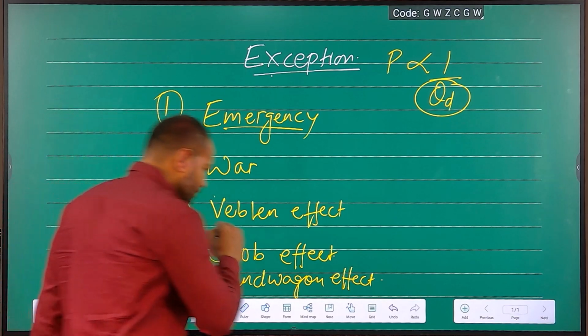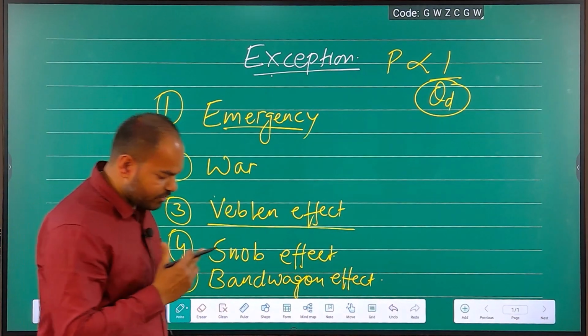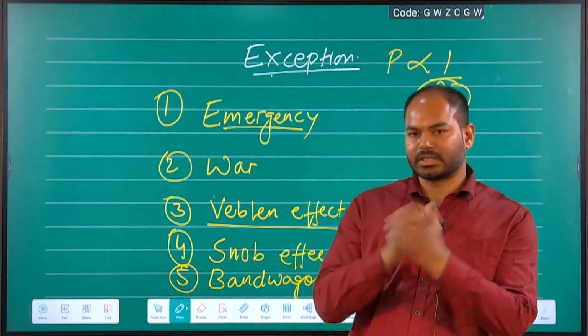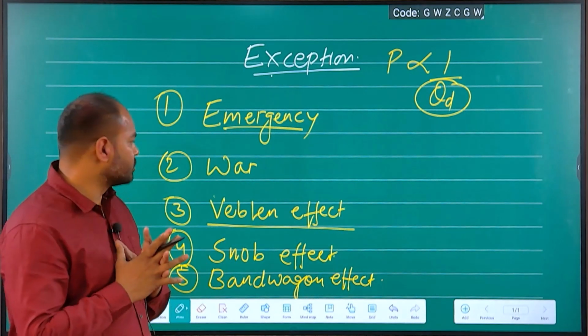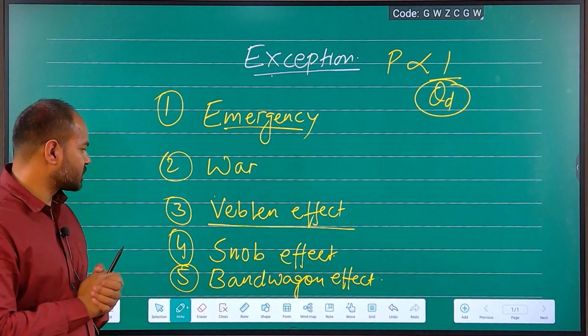Now what is the Veblen effect? There are a few kinds of consumers or people who want to hold precious metals like gold, platinum, say diamond, these kinds of precious gems.